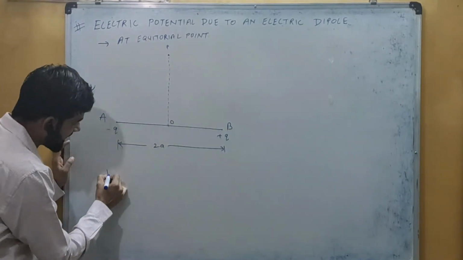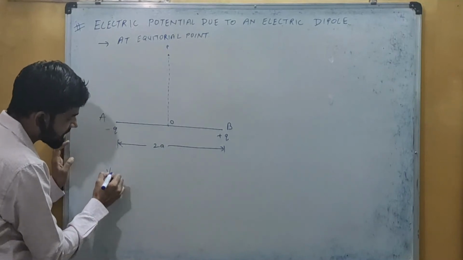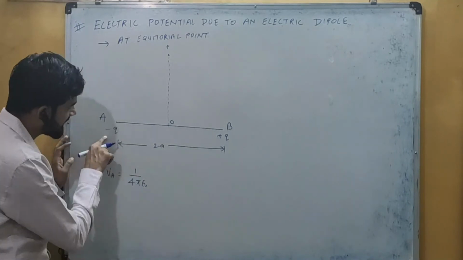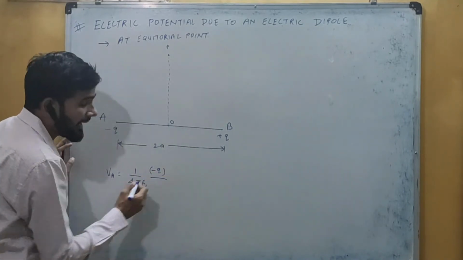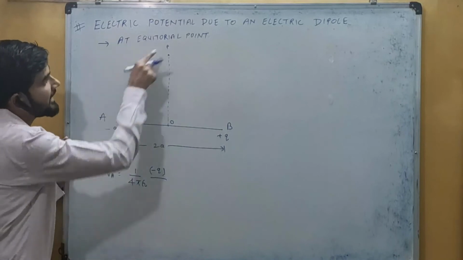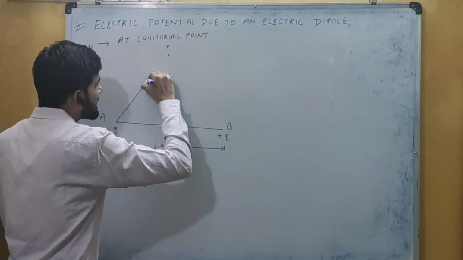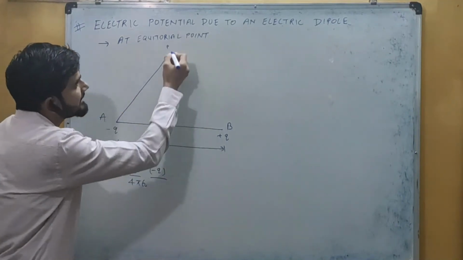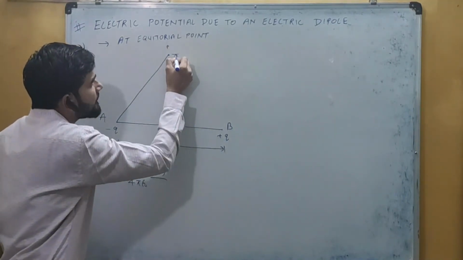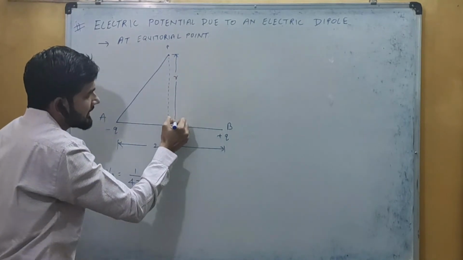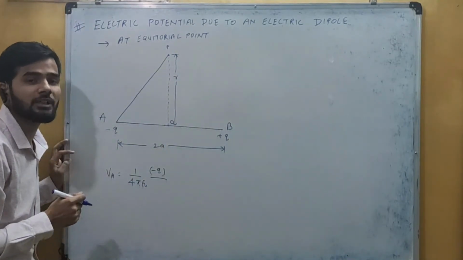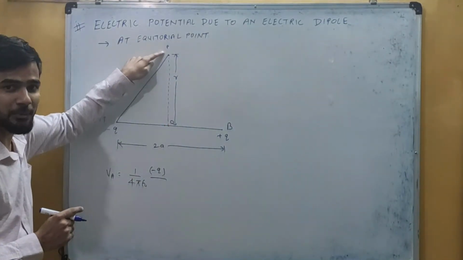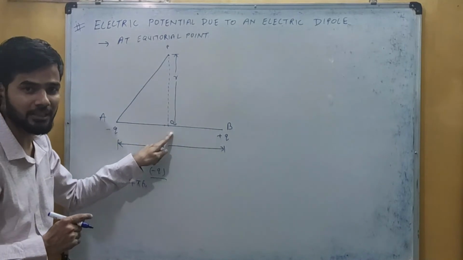Now we'll calculate the potential. First of all, we'll calculate the electric potential because of the charge at A. It will be 1 by 4 pi epsilon naught, the charge is minus q, by the distance. Now what is the distance from A to P? If I join these two points, then this is 90 degrees. In this triangle, point P is at a distance of r from the center O, as in the previous case, where we take the distance to be r.